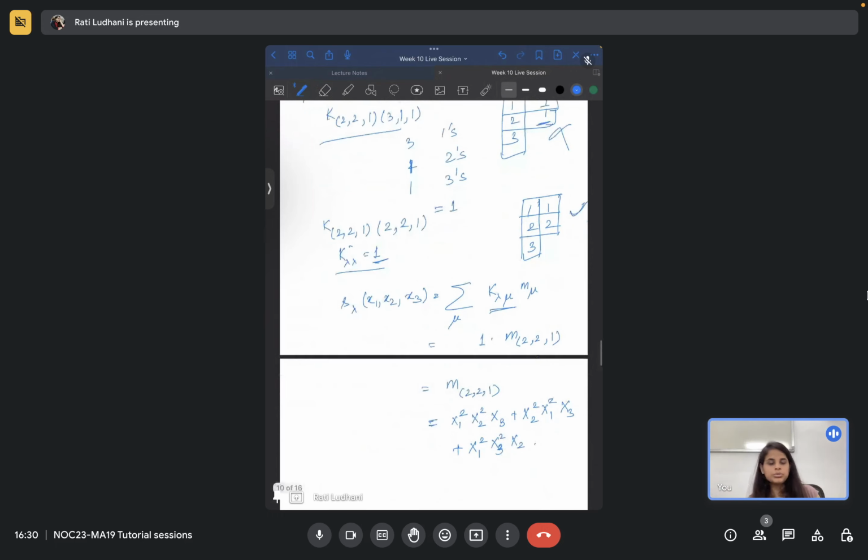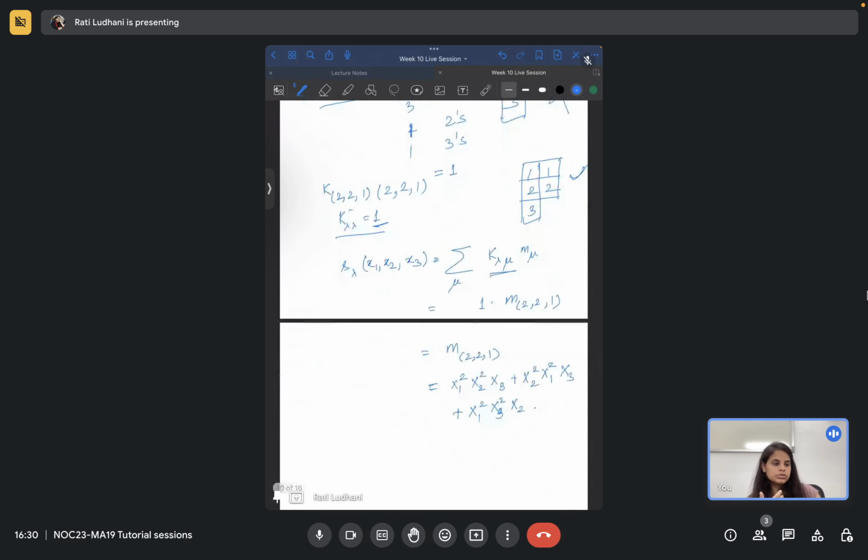This is the monomial symmetric polynomial, the Schur polynomial of our question, where lambda is equal to 2 2 1.